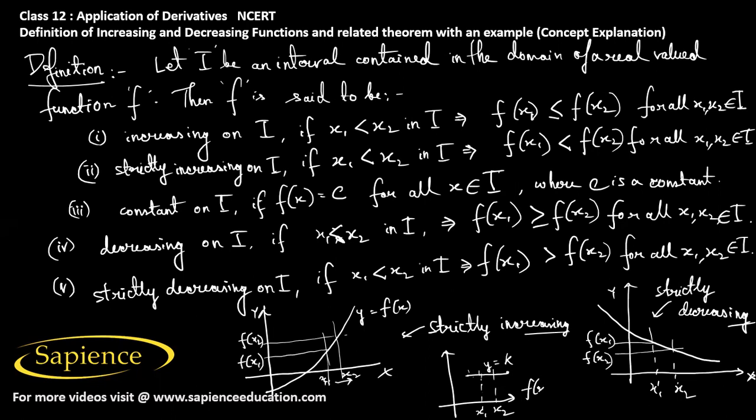Means f of x1 is equal to f of x2, equal to that constant k, but here x1 is not equal to x2. So it is called a constant function. A constant function is neither increasing nor decreasing.